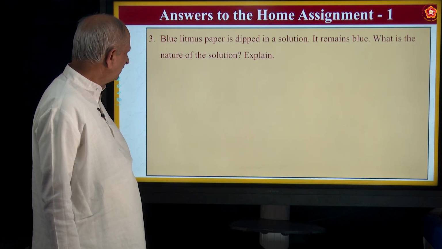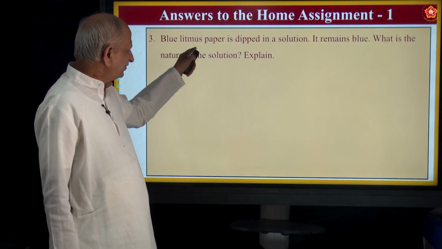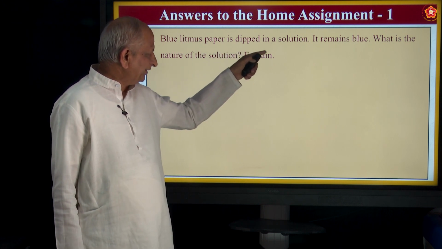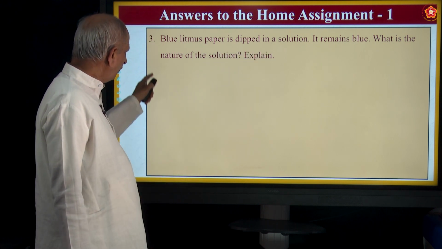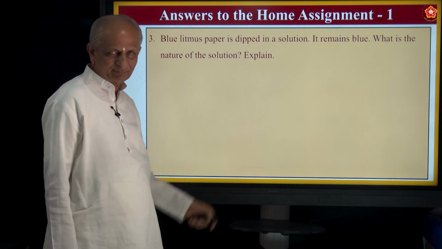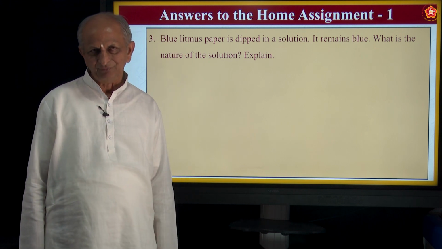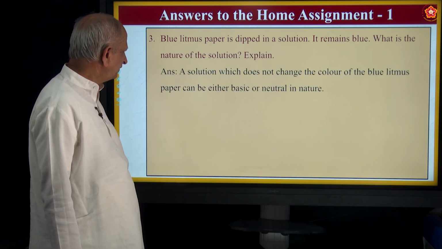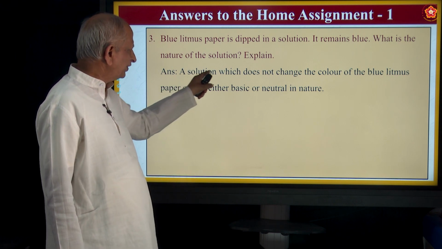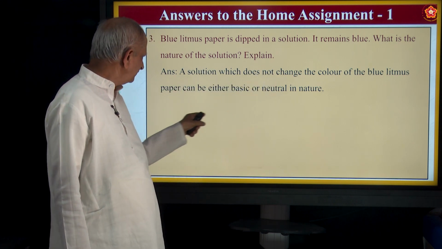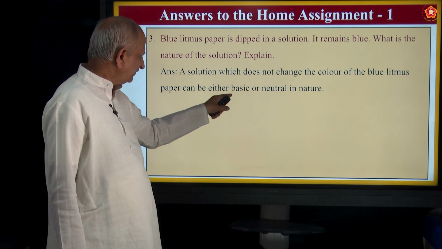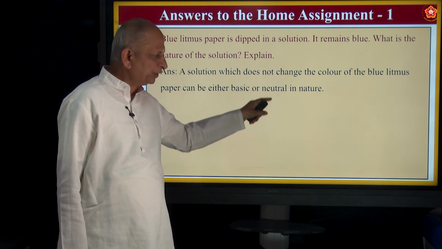One more question. Blue litmus paper is dipped in a solution. It remains blue. What is the nature of the solution? So it remains blue means what? A solution which does not change the color of the blue litmus can be either basic or neutral.